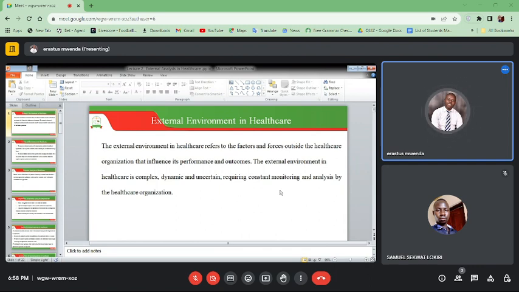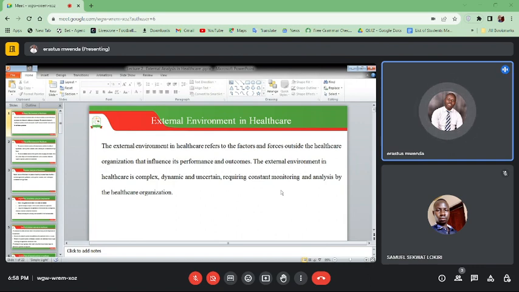organizations in general. So we are beginning to say that the external environment in healthcare refers to various factors that are outside the organization. And these factors will definitely influence how the organization performs and various outcomes that are contributed by these factors.